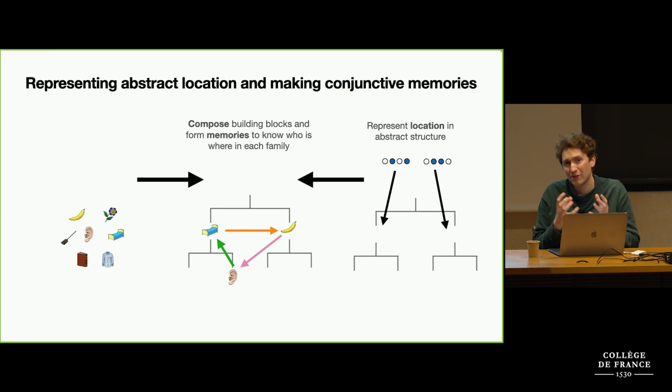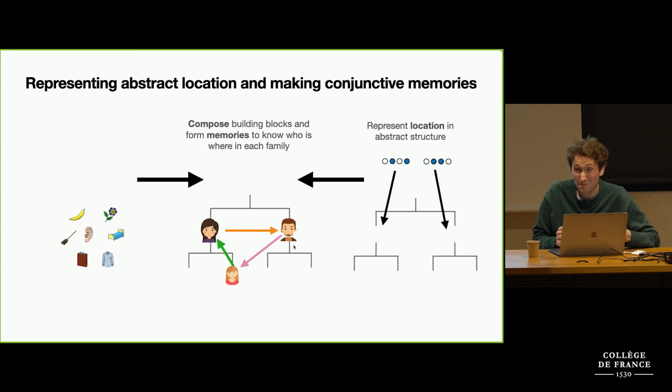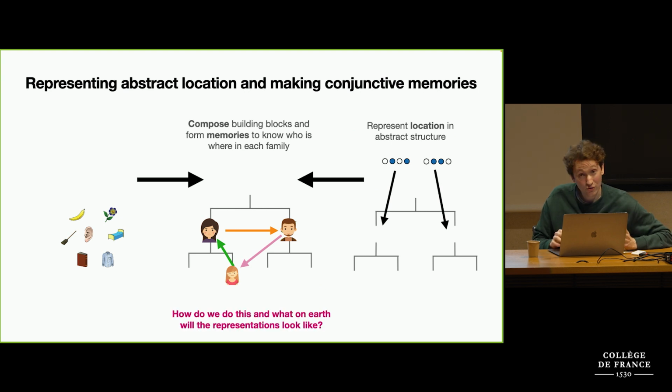And that binding process needs to be really quite flexible, because one family might be made of bananas and beds and ears, but the other family might be a family of people. And so we want this binding process to work not just for one family, but for many, many different families. Okay? And so again, the question is, how do we do this, and what on earth would the representations look like?